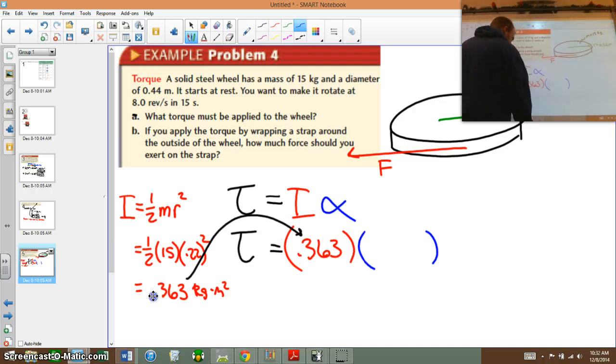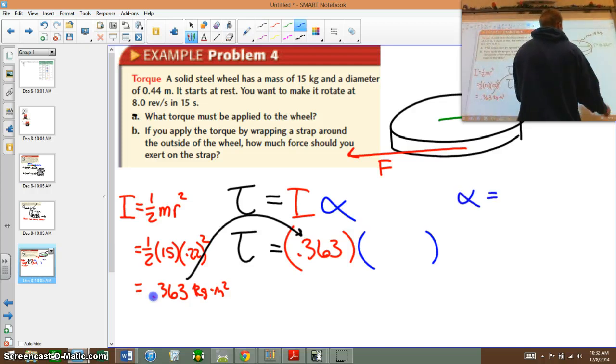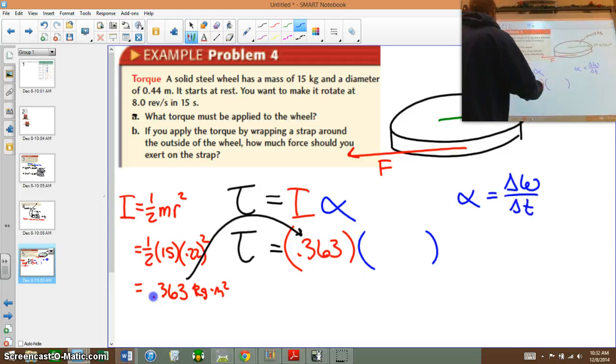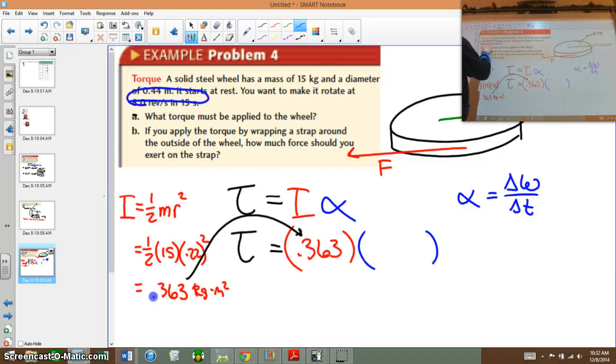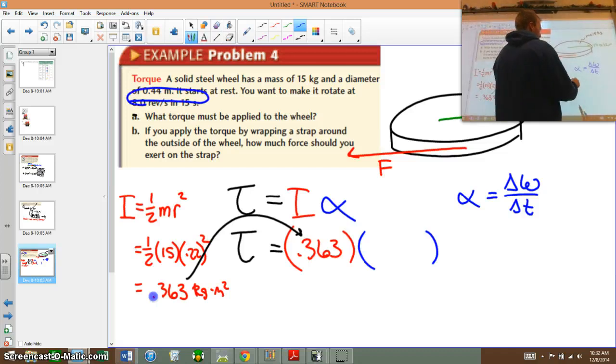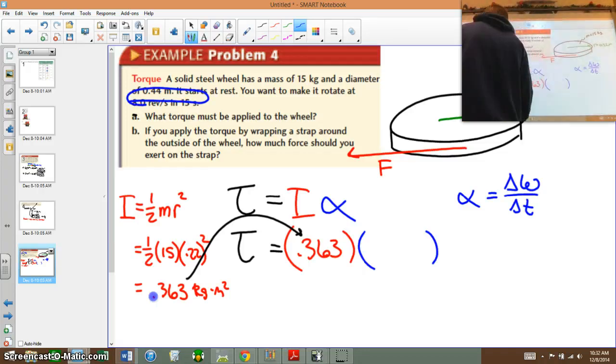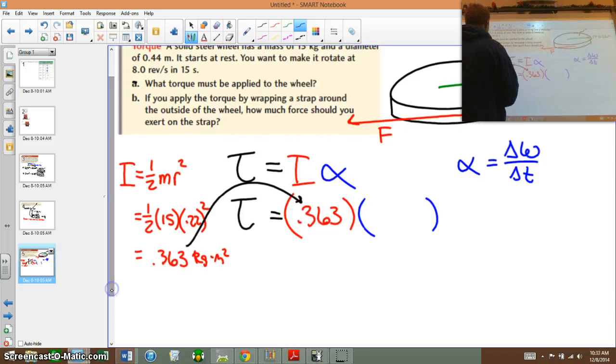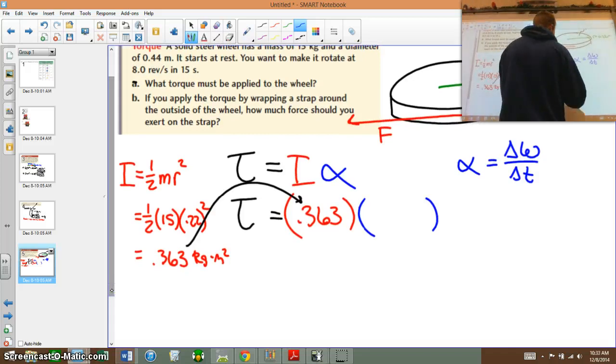The angular acceleration. That's my change in velocity over the change in time. And they give me that, the change in velocity over the change in time, right here. First of all, 8 revolutions per second. I have to make sure that I do that in radians per second. So 8 revolutions per second.